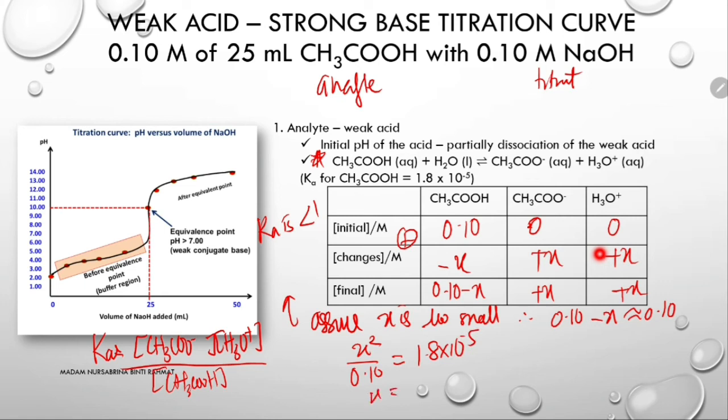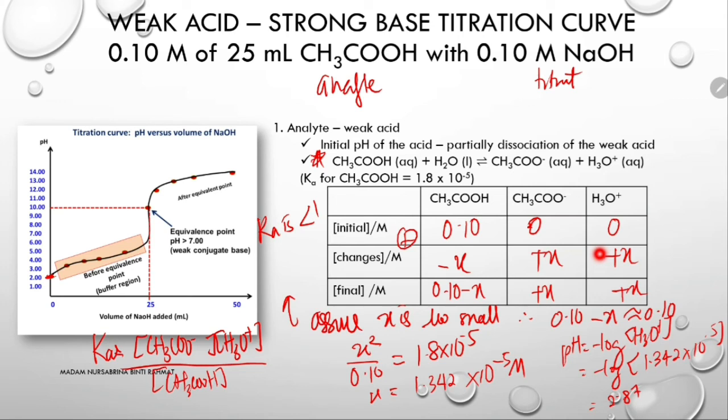If you calculate, you're going to get your X to be 1.342 times 10 to the power of negative 5 molar. So pH is negative log of the H3O plus concentration, and our H3O plus concentration is our X value, which is 1.342 times 10 to the power of negative 5, and that is equivalent to 2.87. So your pH jump starts from 2.87.